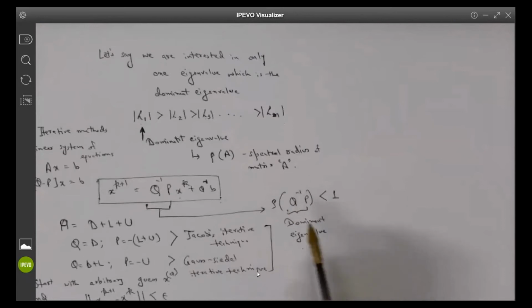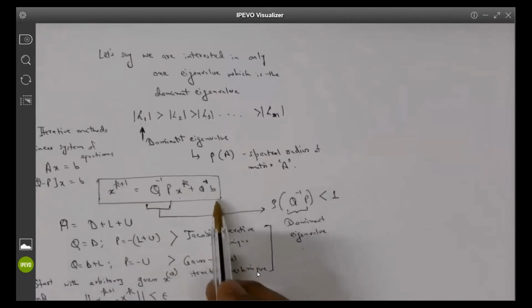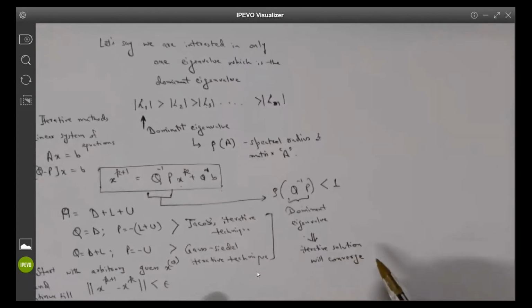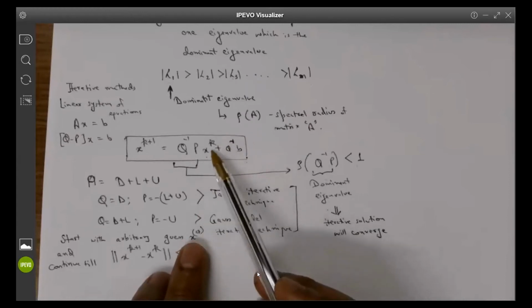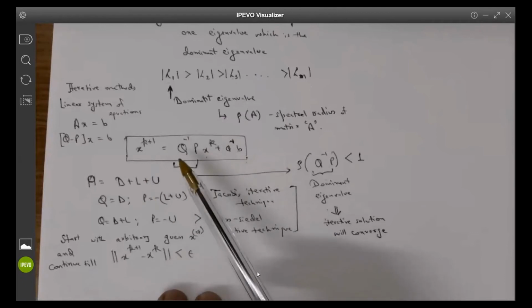Yeah, so what I was saying is that if the dominant eigenvalue is less than 1, then this system of equations, this iterative technique, will converge. Otherwise, you cannot guarantee it to converge. When I say converge, it means you can start with any arbitrary x0 starting point, and keep marching in the iteration numbers.